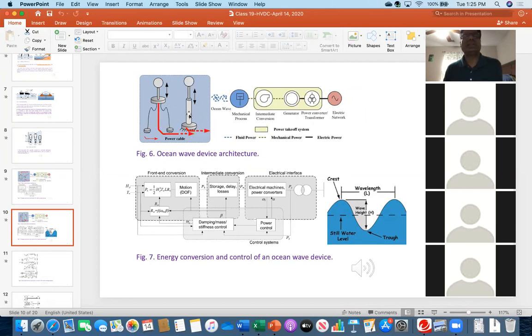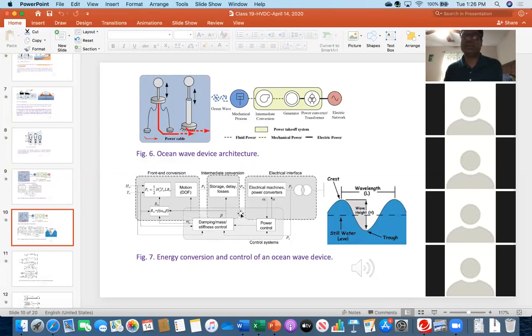You see, basically these are like that buoy type, and they are collecting energy from the ocean wave, and then there is a mechanical process, and there might be an intermediate conversion stage, like high pressure turbine, intermediate pressure turbine, low pressure turbine, and then those go to the generator, and again there are a power transformer and power converter, and finally that goes to the electric power network.